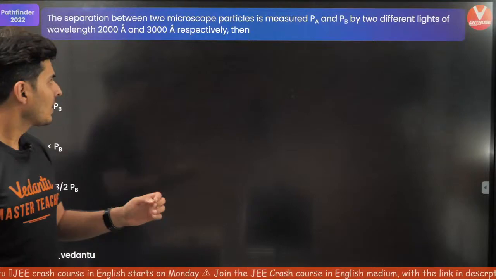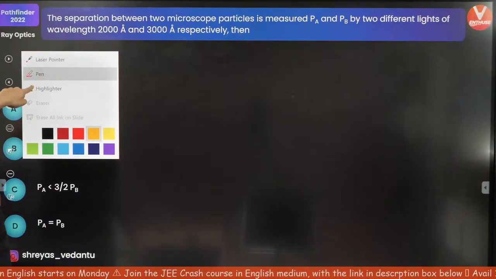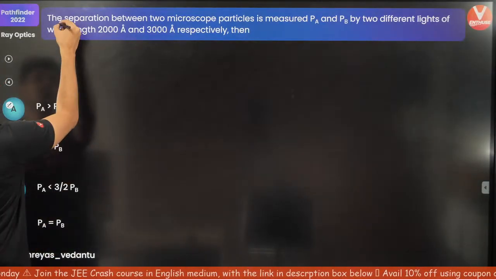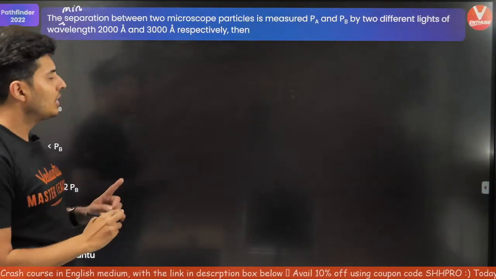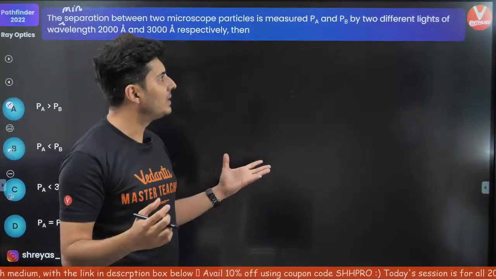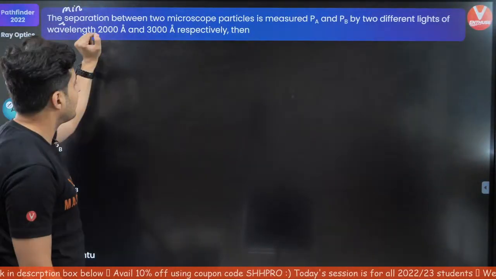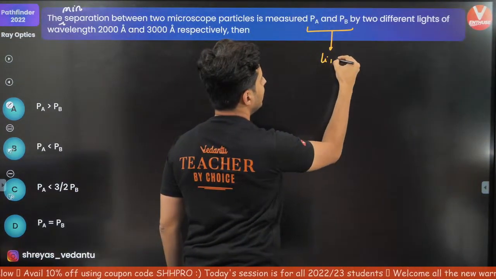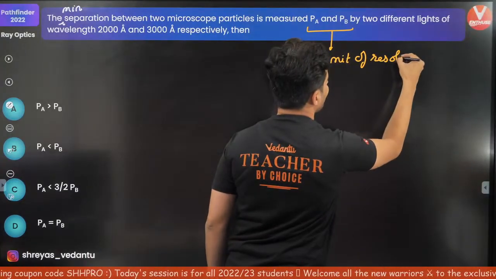Okay, let's see. Actually, this should have been not just any separation, this should have been the minimum separation. Let me just add the word minimum. The minimum separation between two microscopic particles is basically PA and PB. Basically what this means, the minimum separation is nothing but your limit of resolution.